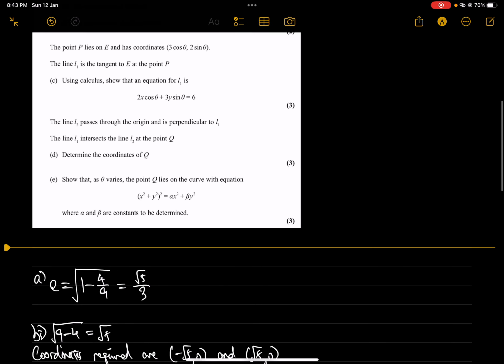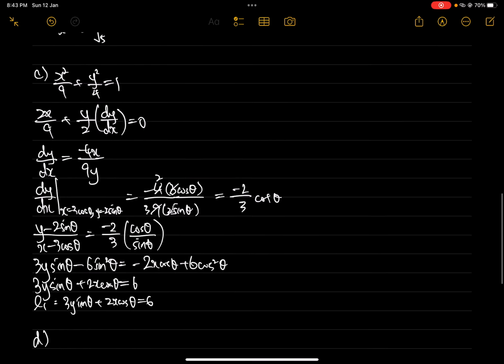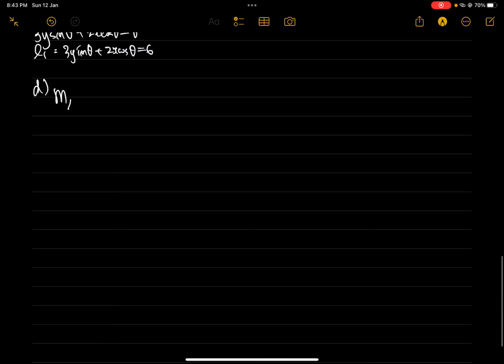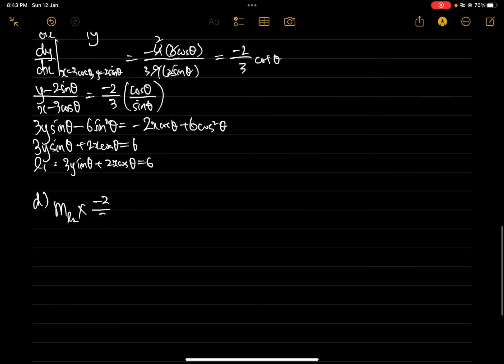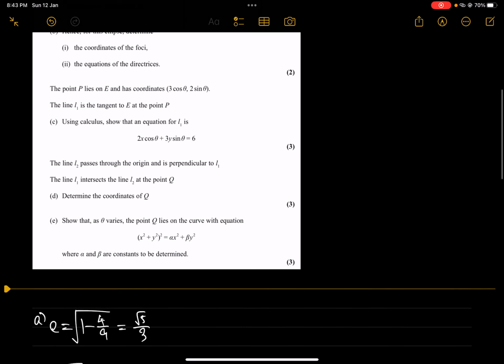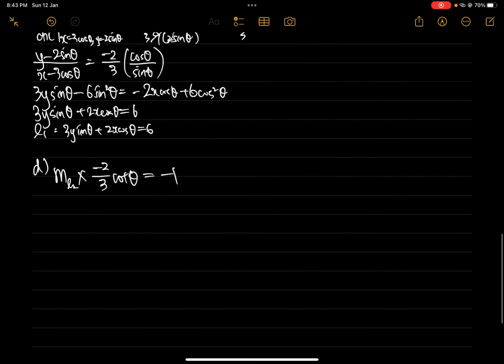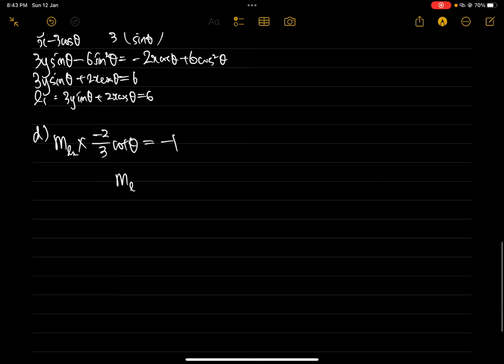D is to find L2 and find Q. So this is where it becomes more complicated. Obviously this is negative 1 because they are perpendicular, which means we have this one as follows.